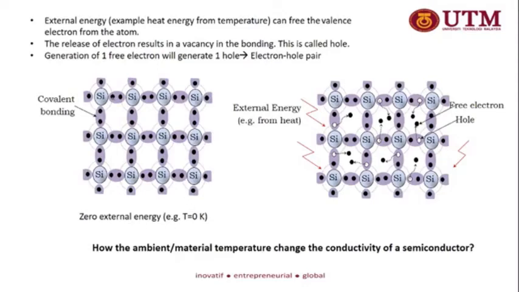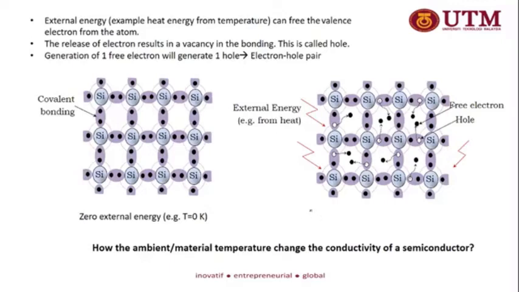So we can see here all the valence electrons are at their location, or we call it their energy shell. But what happens when there is external energy? External energy, for example the heat energy from the temperature, can free the valence electron from the atom.